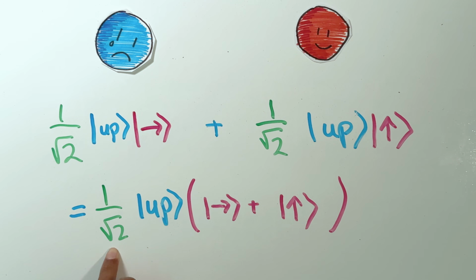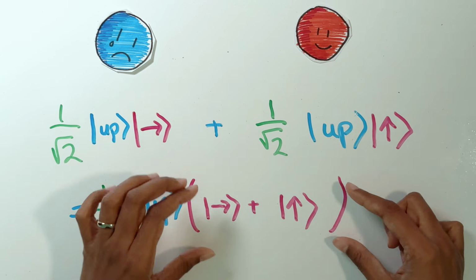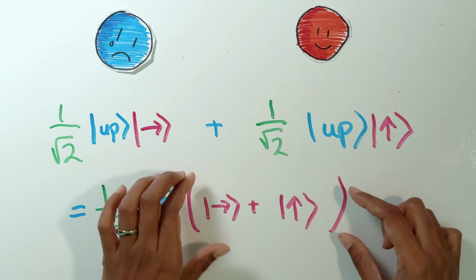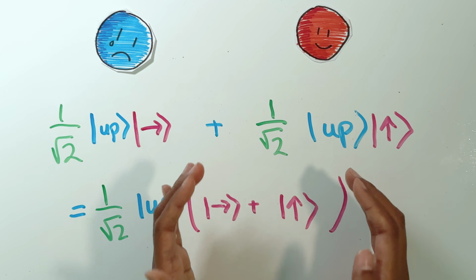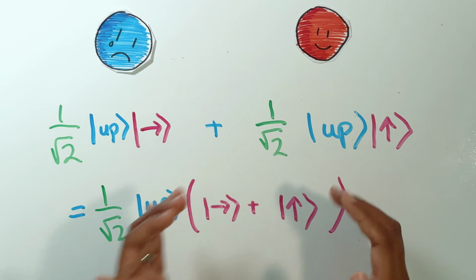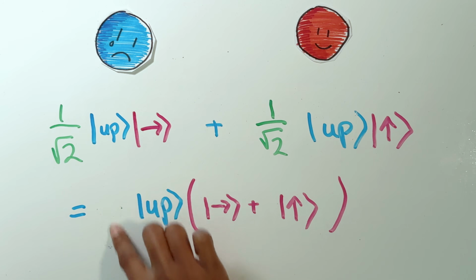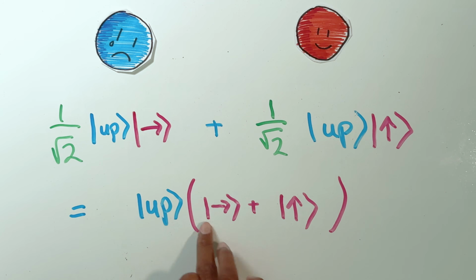I'm going to take this 1 on square root 2 and put it into here. And the reason for that is because right now, this is not a normalized vector, right? Because there aren't factors here that make this whole vector equal to length 1. And each of the individual component vectors should be length 1. So I'll take this 1 on square root 2 from here. I'm going to put it in there.